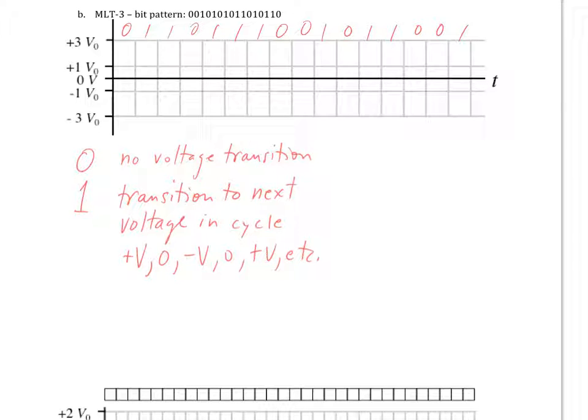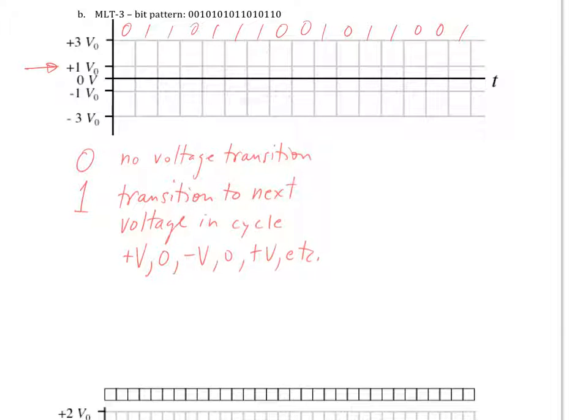And I think I need to know what the previous voltage was here. So the problem doesn't state that, but clearly we do. So we'll assume that our previous voltage was a plus V.